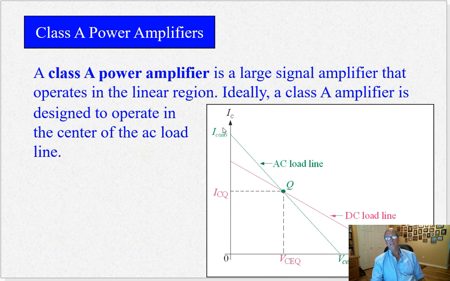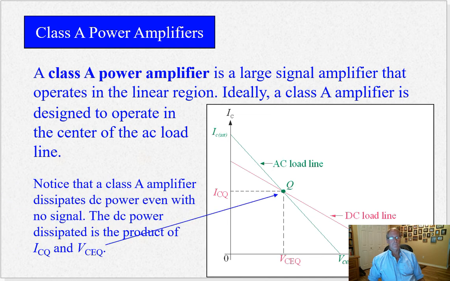If you have a 15 volt DC cutoff voltage, and let's say this is about halfway down, that's 7.5 volts times whatever current you have to supply in order to support that 7.5 volts through the load. We'll look at a schematic here in a moment. So the power dissipated is ICQ times VCEQ.